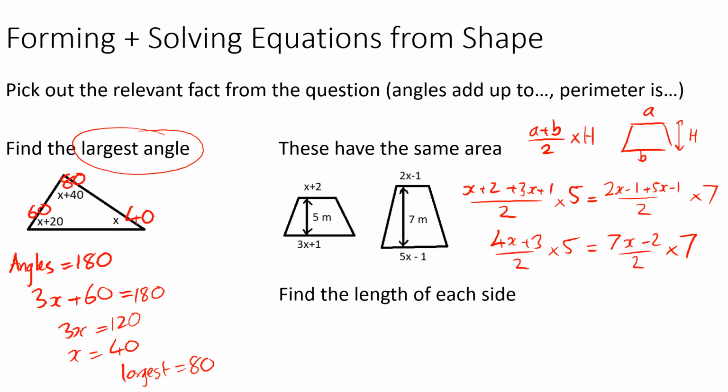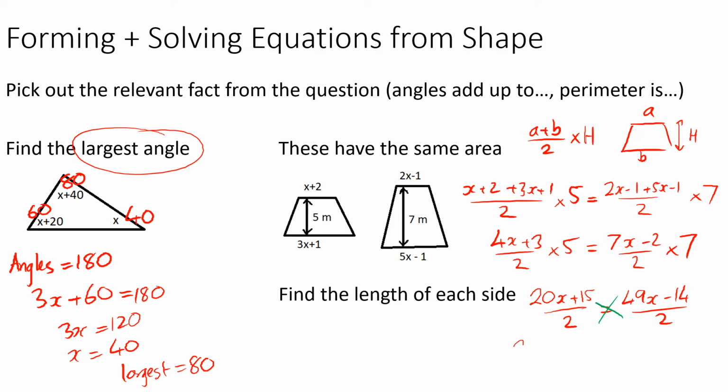Multiplication and division doesn't really matter which order you do it in, but I feel like getting rid of that multiplication, so let's do that. So we've got 20x plus 15 over 2 is equal to 49x minus 14 over 2. Then we've got ourselves a cross multiply, so let's use that.